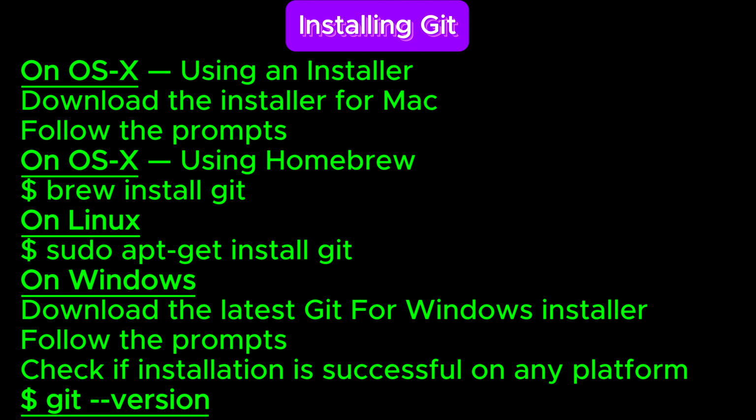Installation of Git on your machine, on your laptop or whatever system you're using, is just a few steps. It's not difficult. On Mac or any other operating system, you can simply use the installer, and for Mac you can just execute the command brew install git.